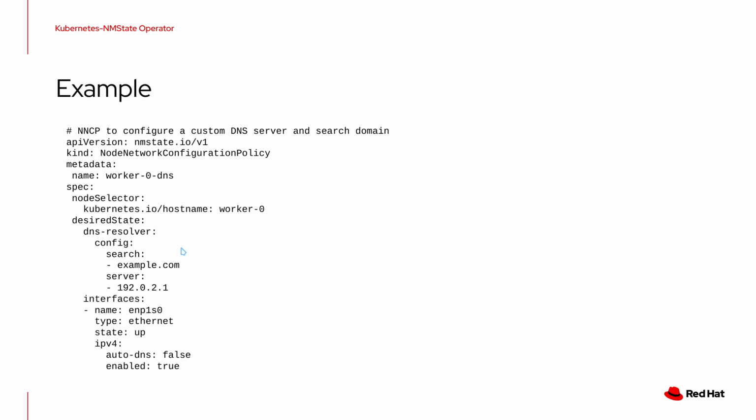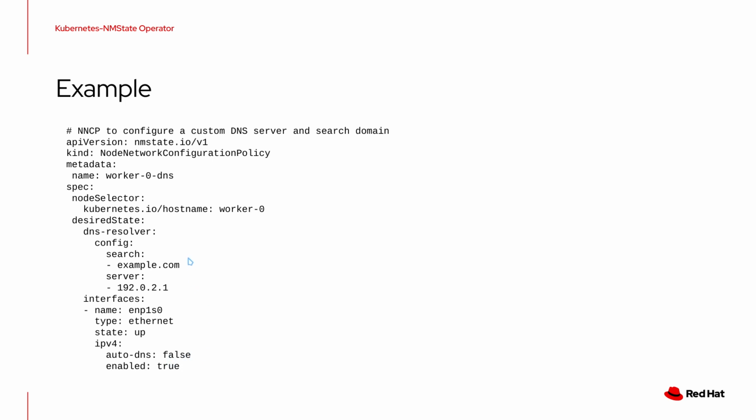So what you can see here is we have search and server configurations, pretty basic DNS stuff, right? In this case, if we're using DHCP addressing on all of the interfaces on the node, we do also need configuration to set one of them auto DNS to false.